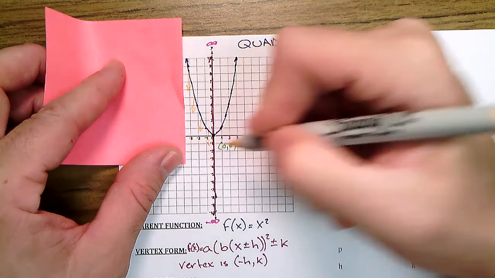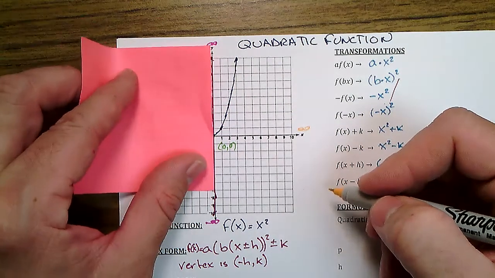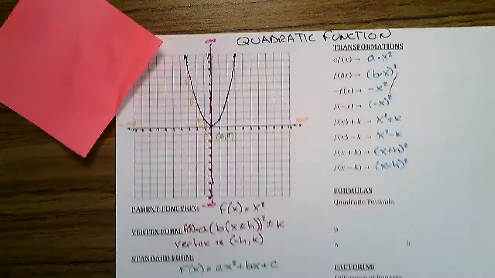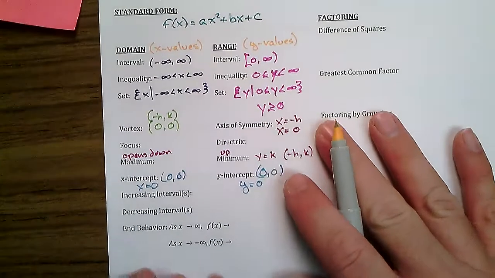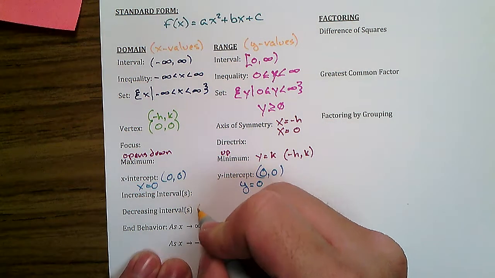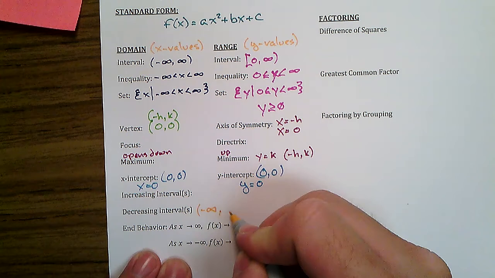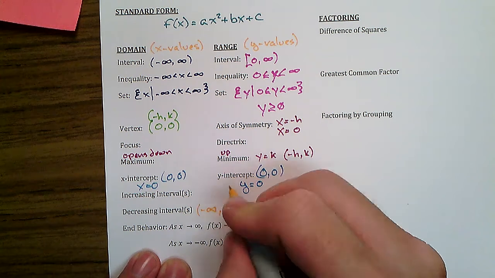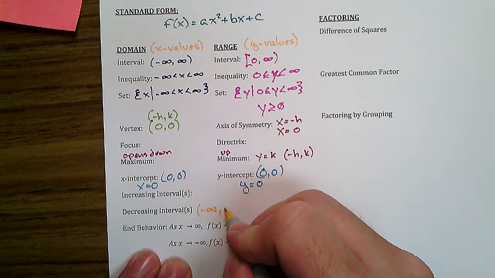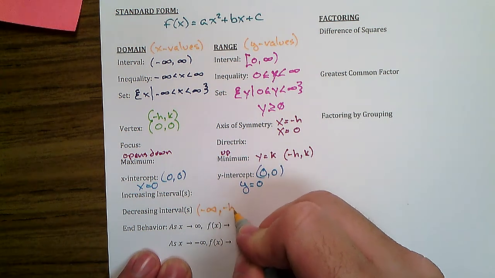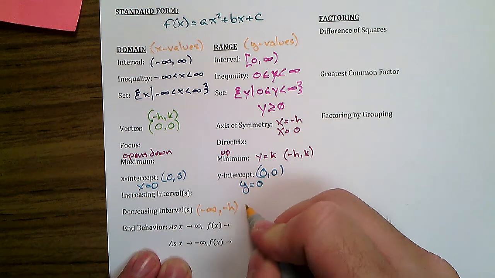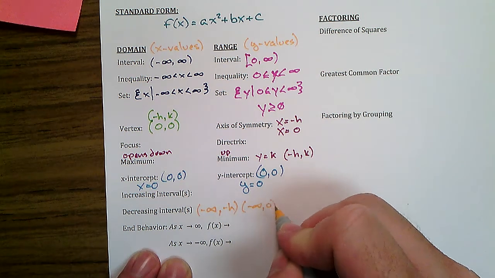And they're going to continue to go down until we get to the vertex. So our decreasing interval is going to be negative infinity to our vertex, which is 0. And we could also say this in our x values as negative h. So in this case, it's going to be negative infinity, comma, 0.